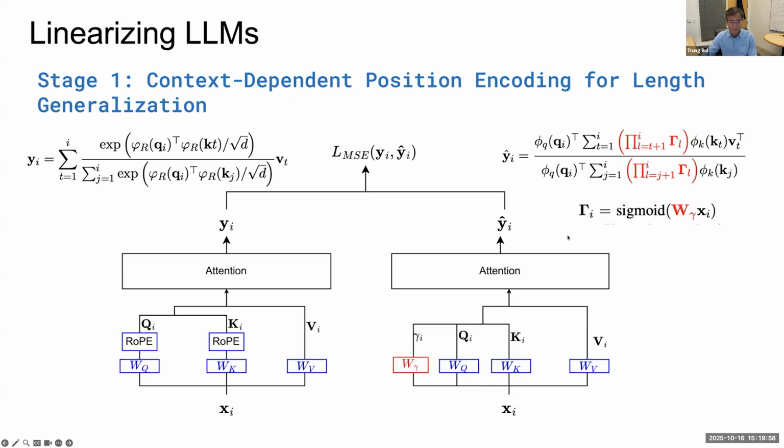The second key point is that the gating mechanism provides adaptive memory control by allowing the model to dynamically determine how much past information to retain or forget. Based on that, we can remove the need to store the full KV cache, as I showed earlier in the full attention case.